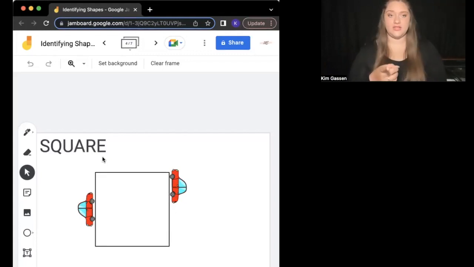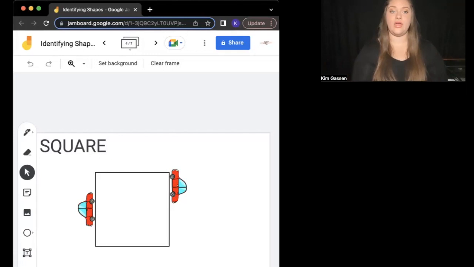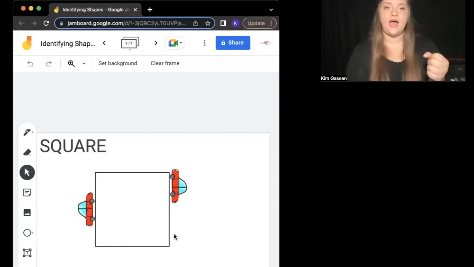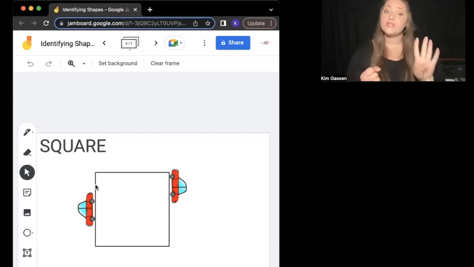If I'm driving in this shape, how many times do I have to go and turn my car? So I'm going straight, I'm driving, and then I go skirt, and I'm driving, skirt, and then I'm driving and driving. How many times do I go skirt on a square? 4 times, right?